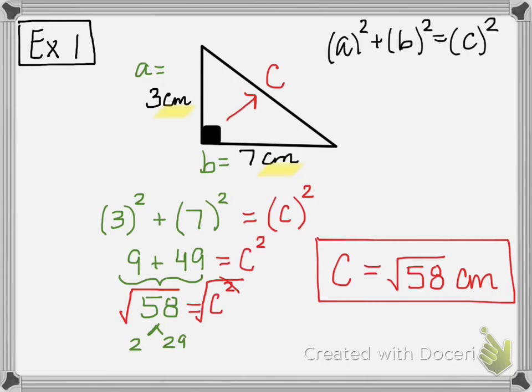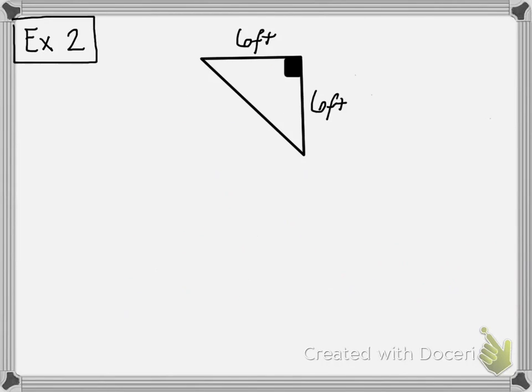Okay, let's try another one. The same steps involved. So example number 2, we have 6, 6, and we're trying to solve for our hypotenuse again. So if you need that little refresh, I'll write the formula up here on the side for you. It's just A squared plus B squared equals C squared, all inside of parentheses.